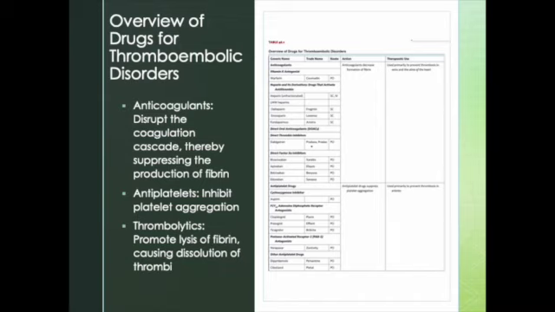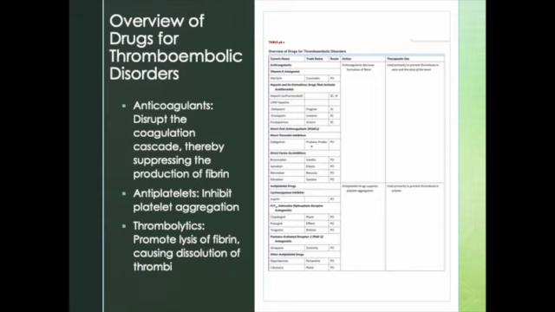There are three major groups of drugs that we use for thromboembolic disorders. Anticoagulants, which disrupt the coagulation cascade, and they're going to suppress the production of fibrin. We have antiplatelets that are going to inhibit platelet aggregation, and then we also have thrombolytics, and this is going to promote the lysis of fibrin, which will overall cause the dissolution of the thrombi.